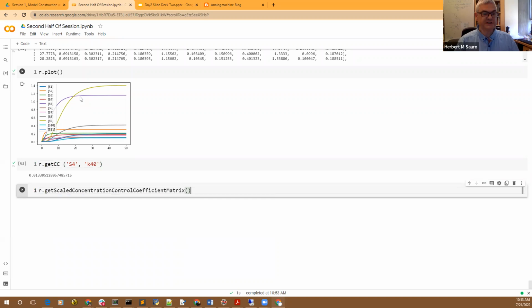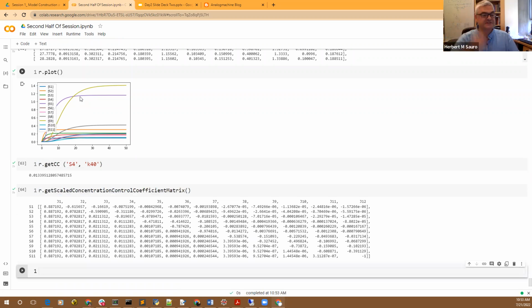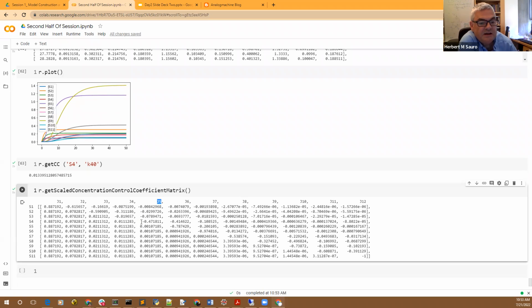But better still, I can actually get the entire scaled matrix, all the concentrations. This returns all the sensitivities in the entire network, so every step with respect to every species. If I perturbed step J5, for example, and I observed S3, it's telling me to begin with that it's negative. That means if I perturb J5, the concentration of S3 will decrease.